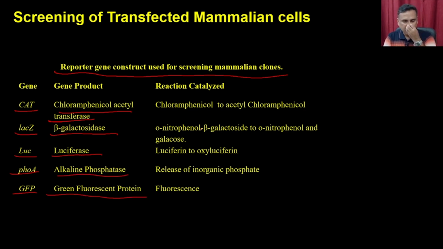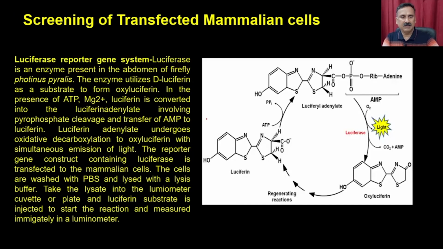The reaction being catalyzed is that chloramphenicol acetyltransferase converts chloramphenicol to acetyl chloramphenicol and so on. In a typical reaction, you can use luciferase as a reporter gene system. Luciferase is an enzyme present in the abdomen of the firefly, Photinus pyralis. The enzyme utilizes D-luciferin as a substrate to form oxyluciferin.